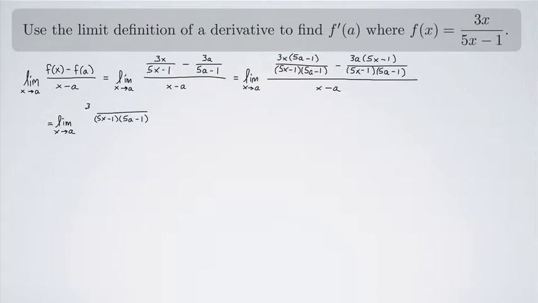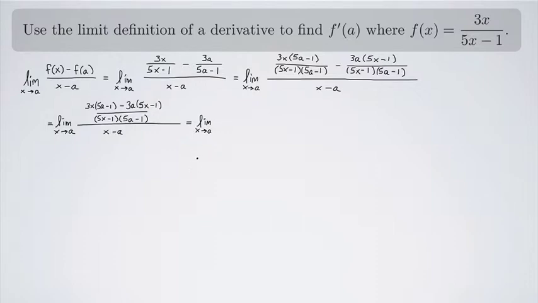So let's write all this out. 3x times 5a minus 1 minus 3a times 5x minus 1. And that's all over x minus a. All right. So not too bad so far. It's kind of messy, but you'll see it simplifies a lot at the end.